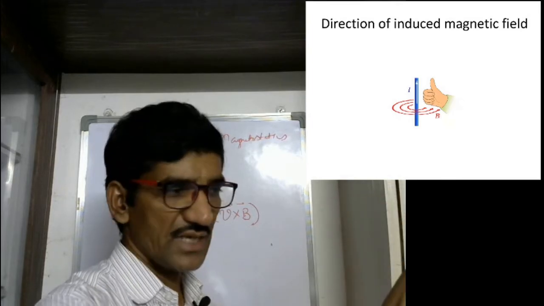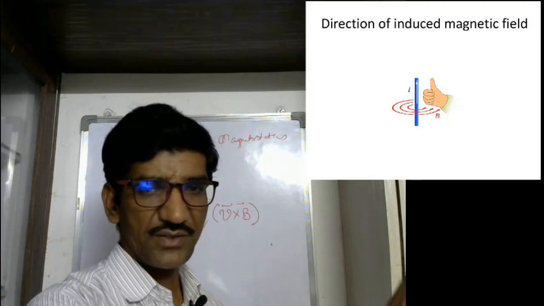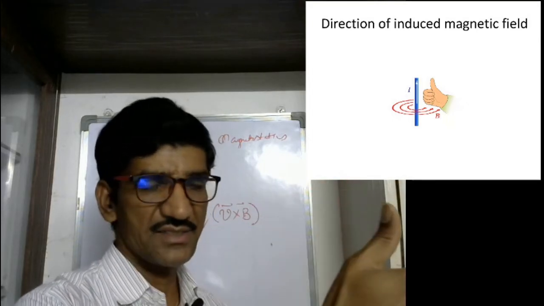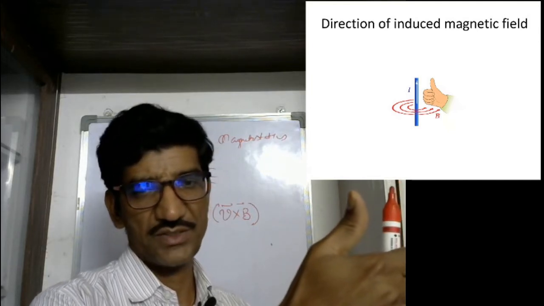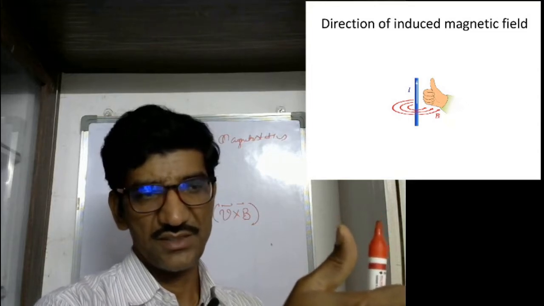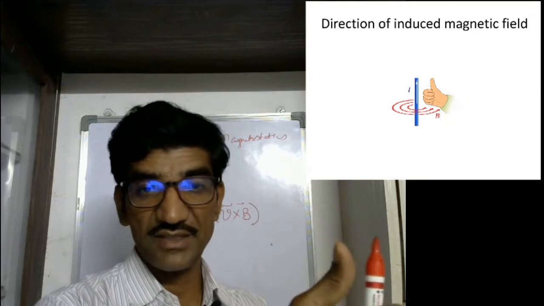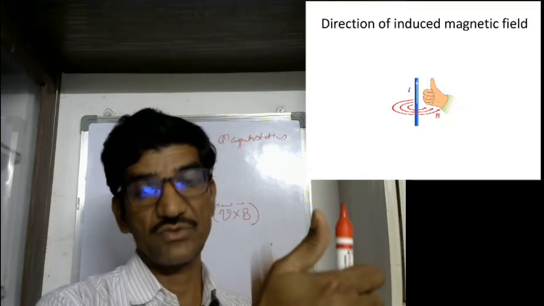Suppose you are holding the wire like this, your thumb is pointing upwards. The direction of folding of your fingers is the direction of the magnetic field for the current flowing from bottom to top.